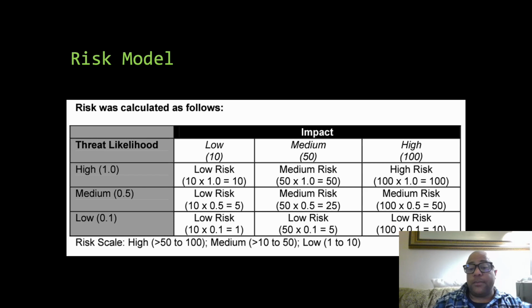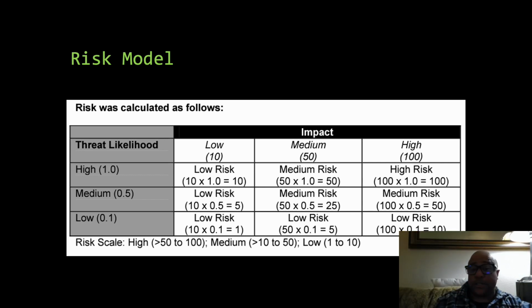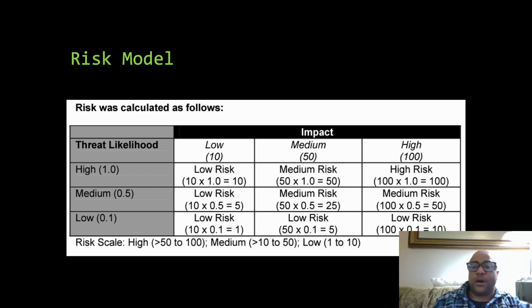So if you have a medium impact threat, but it's a low likelihood, that's going to score a lot lower. And then for high impact, if you have a low likelihood, you get 10 points, but it's still on that higher end of the low threshold, and so that quickly accelerates to 50 for medium likelihood, and then 100 for high likelihood.